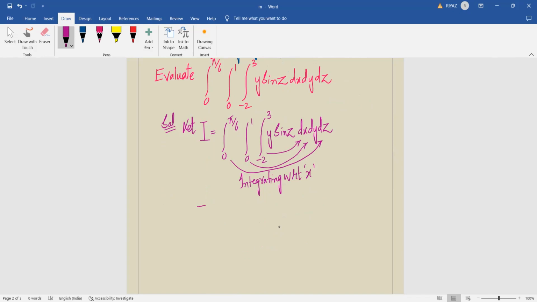Those constant terms will come out, not as overall constants. These two terms, y and sine z, are constant when I am talking about x. Here, with the limits minus 2 to 3, we are integrating with respect to x.